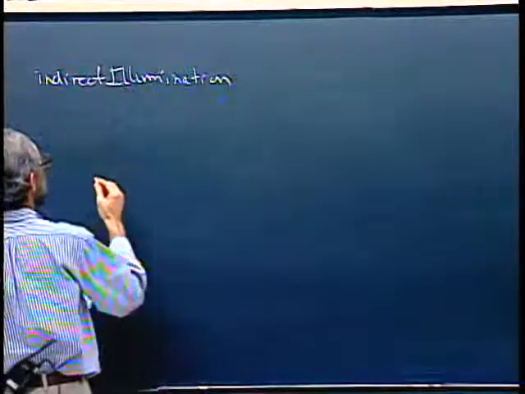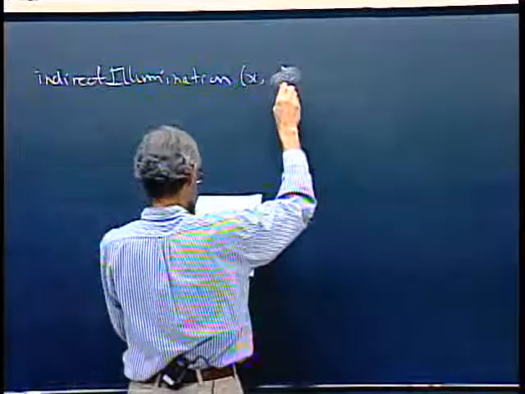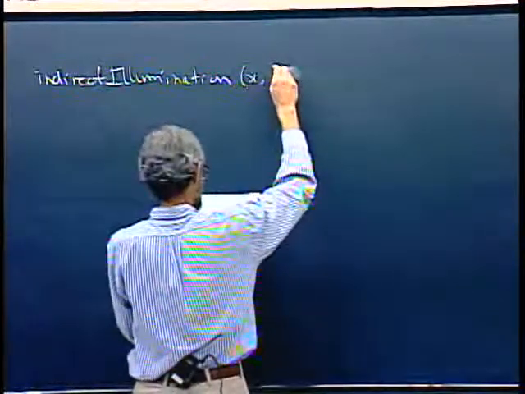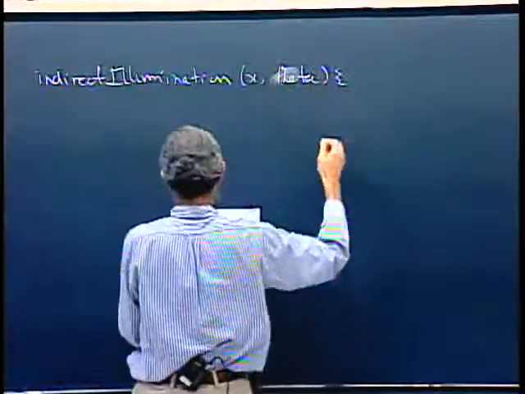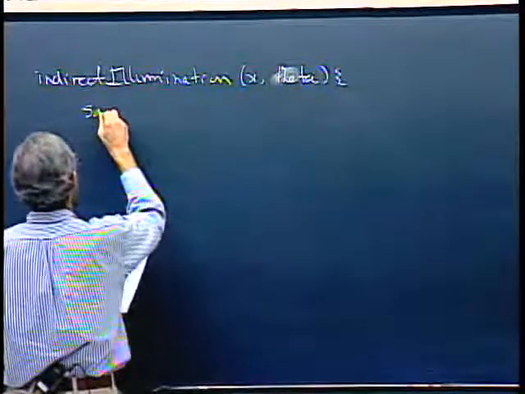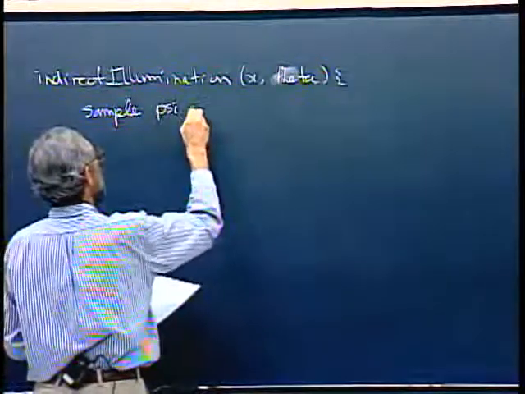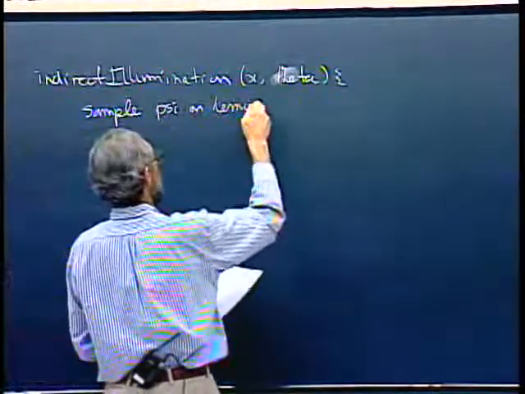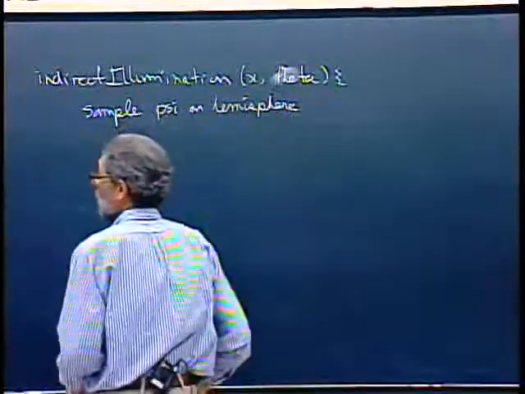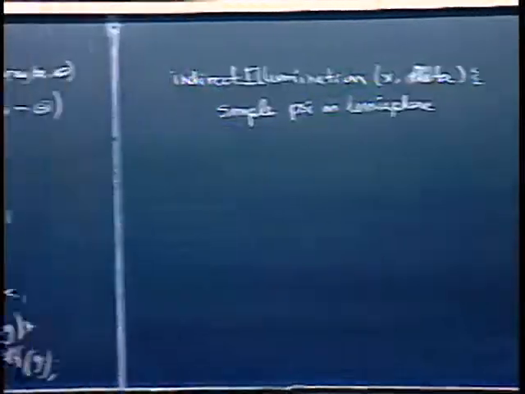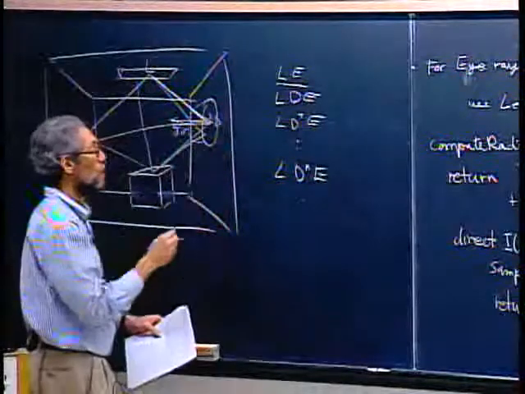So now we have to, so it's x. Direct, I think I called it theta again. At least the book does. So now we have to sample a unit direction vector psi on the hemisphere. Okay, so at this point, x here, we have some normal, and we're talking about the hemisphere above that normal.